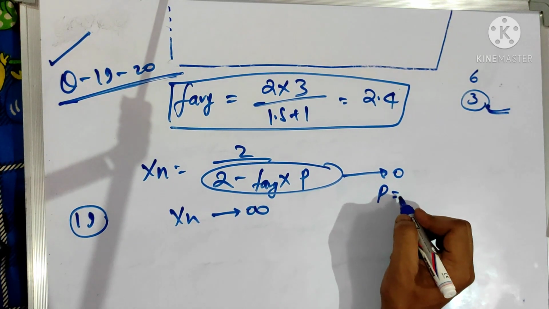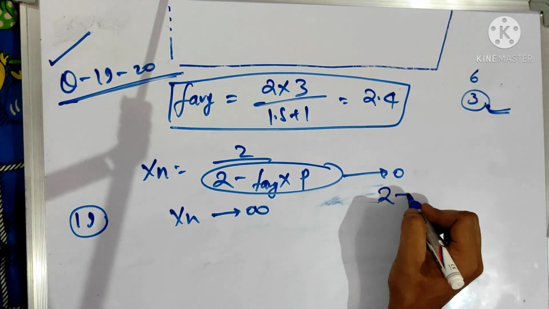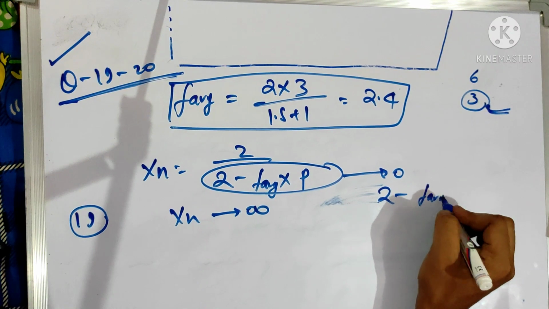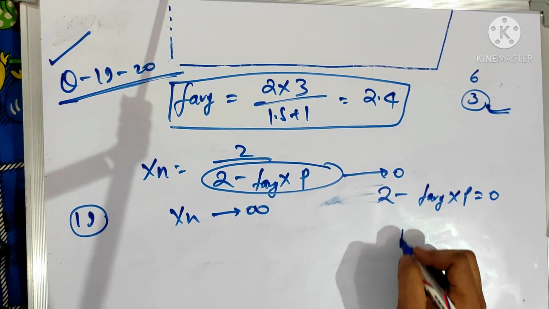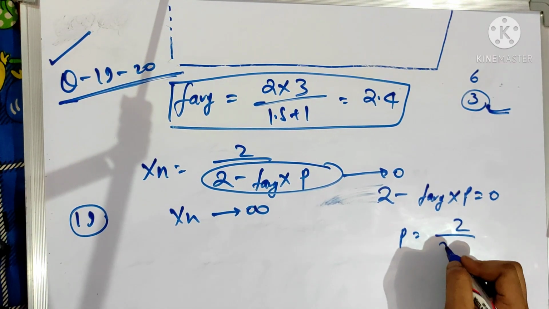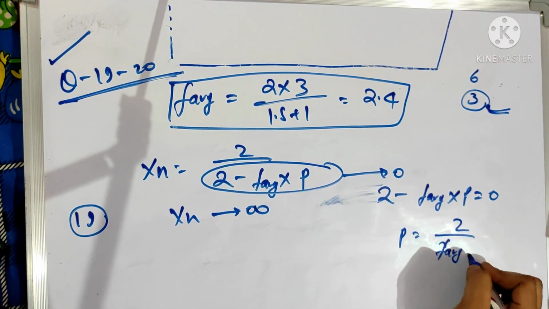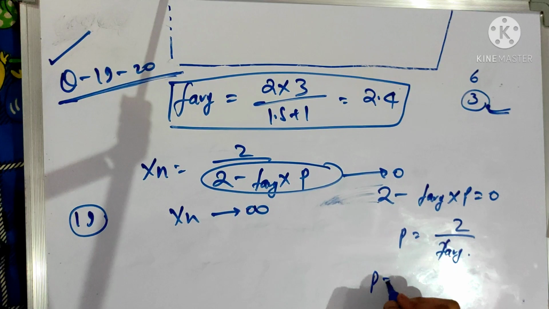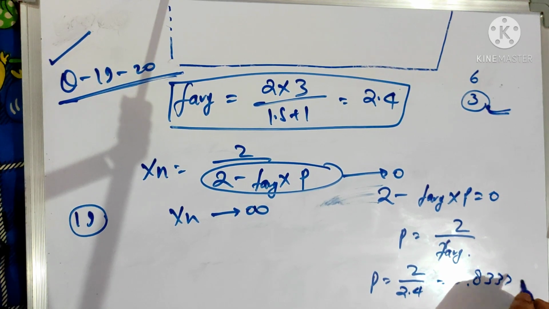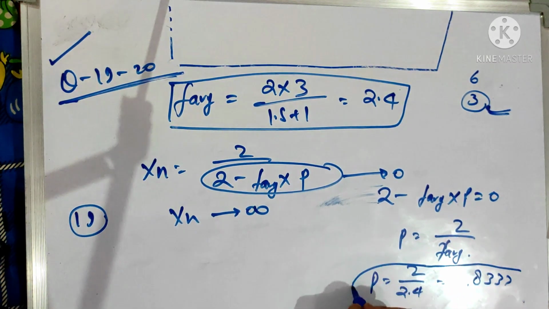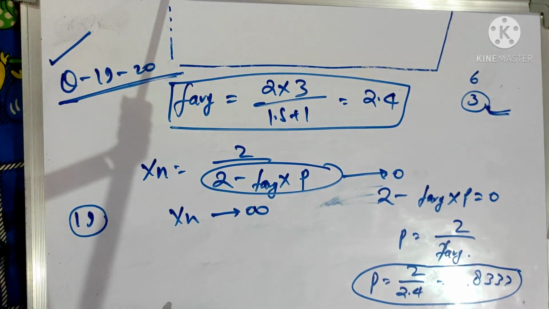Then 2 minus P times average functionality is equal to 0. So P is equal to 2 divided by average functionality. So P is equal to 2 divided by 2.4, which is equal to 0.833. This is the fractional extent of reaction.